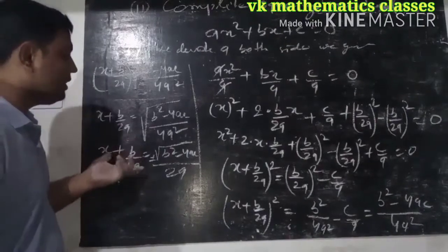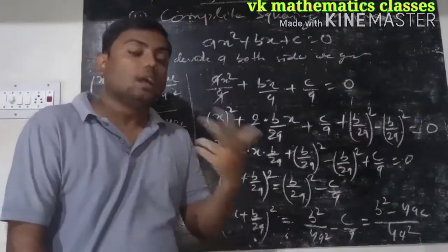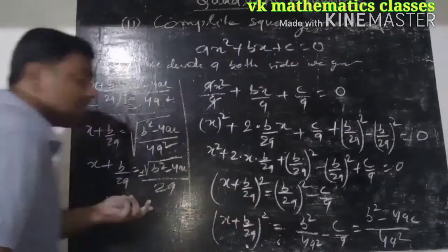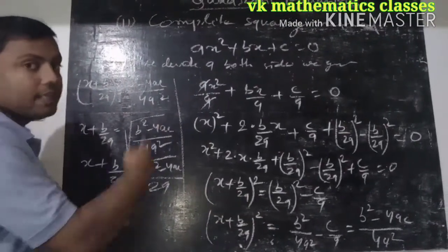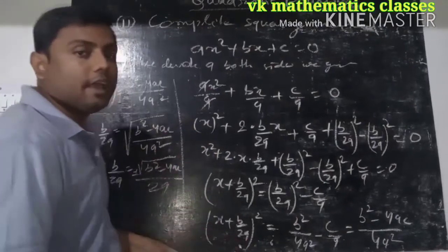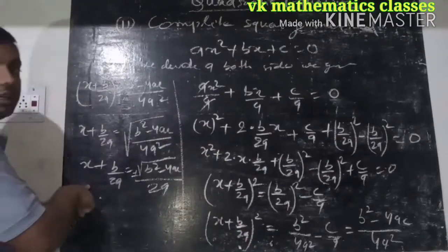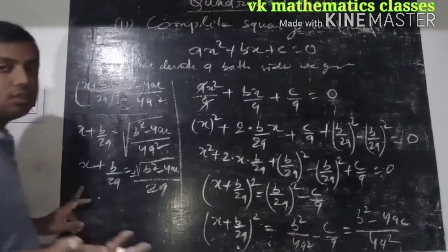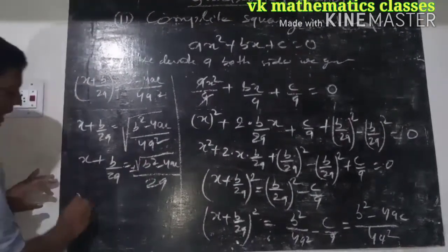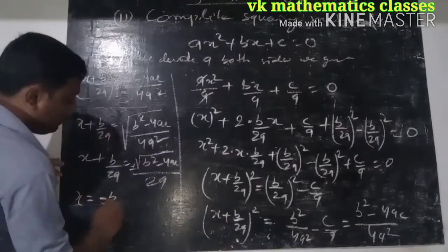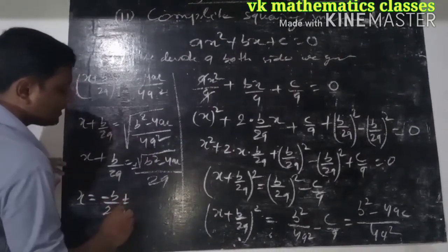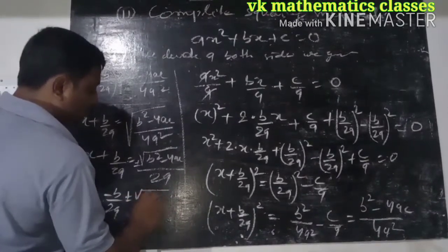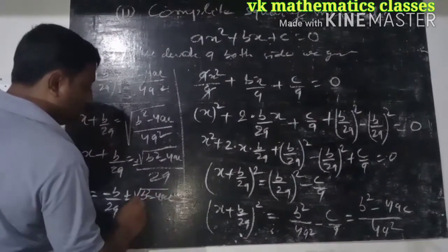So this is the complete squaring method to solve. And the third is the Sridharacharya formula, which I also deduce by this method. So this is also known as the Sridharacharya formula. We put the value of x directly in any equation and we find the value of the zeros. So x is equal to minus b by 2a plus minus root under b square minus 4ac by 2a.